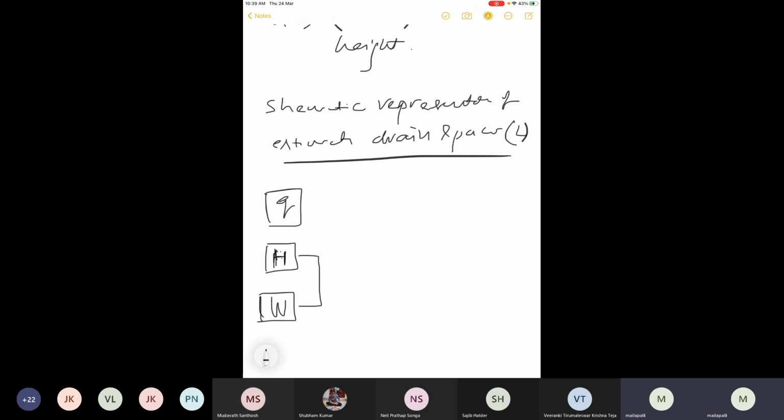From capital H and W, you can estimate small h. So the small h here is W minus capital H. This is what you get. And if you know the Q and small h values, then you have a drain spacing formula.